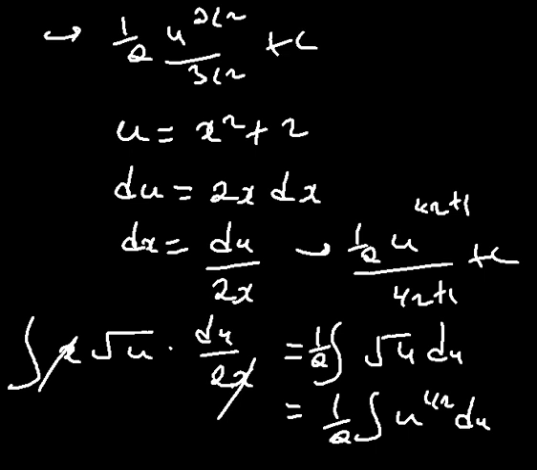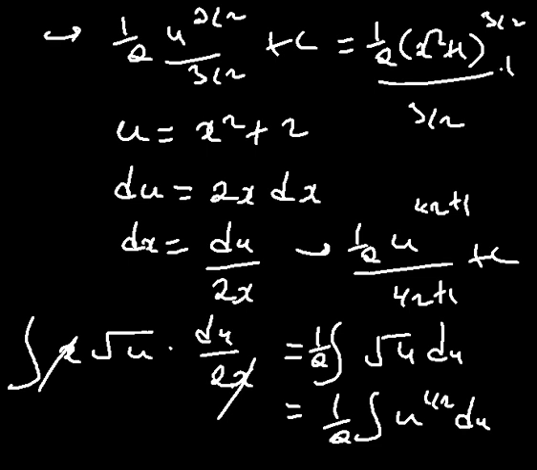And from there we take it back and substitute for u. That is the same as half, and what is u? That is x squared plus 2 to the power of 3 over 2, divided by 3 over 2 plus c.